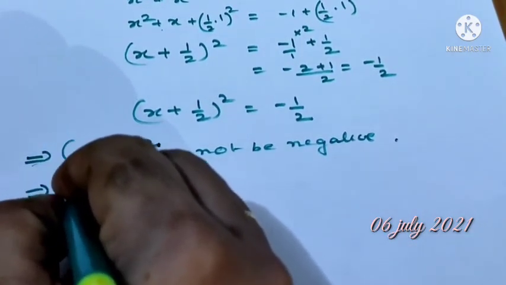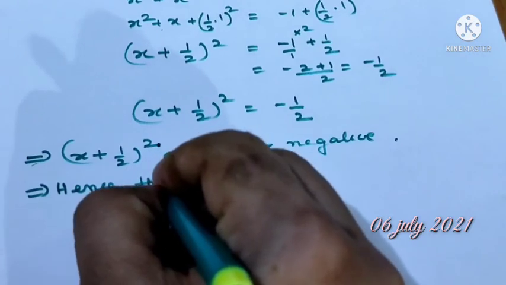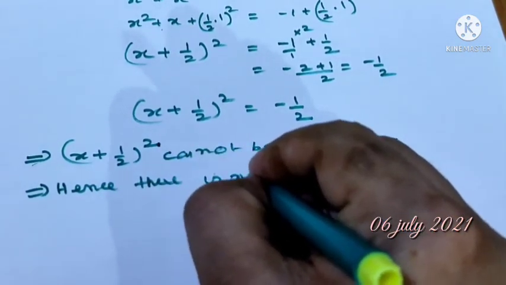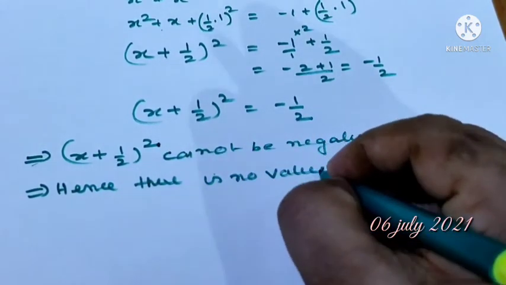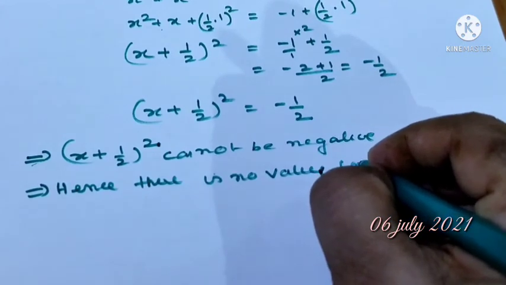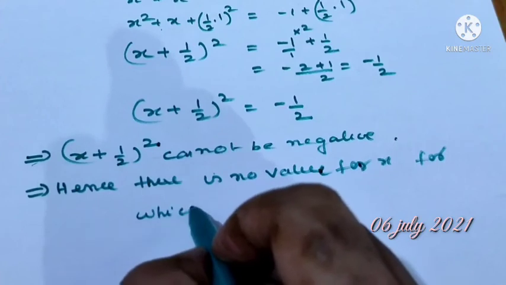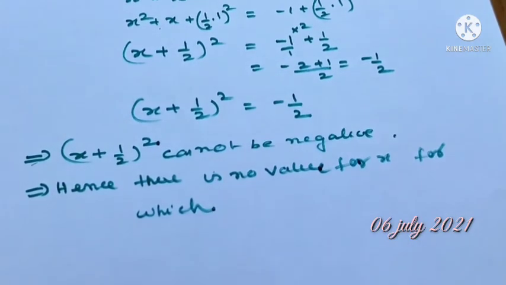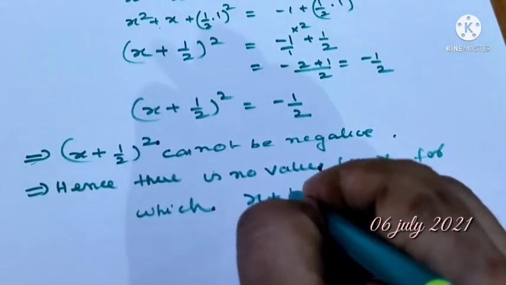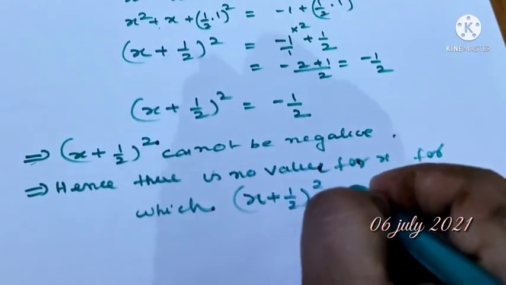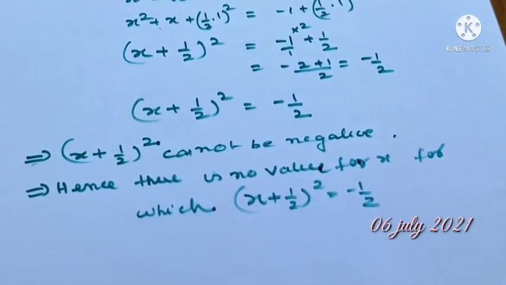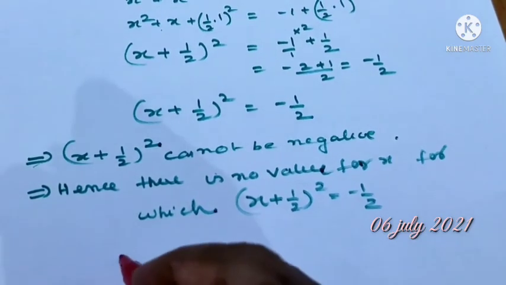Hence, there is no value for x for which x plus 1 by 2 whole square equal to minus 1 by 2. So what is the conclusion? We can say that no solution.